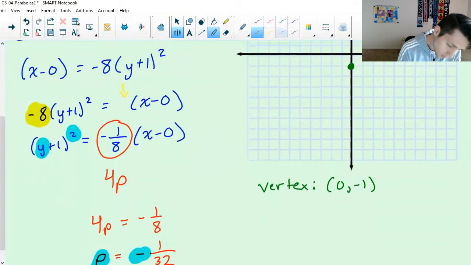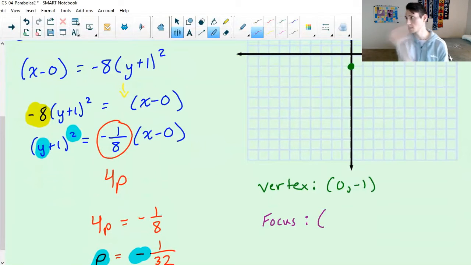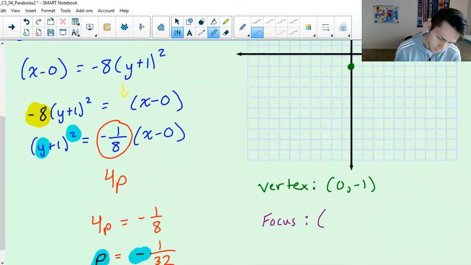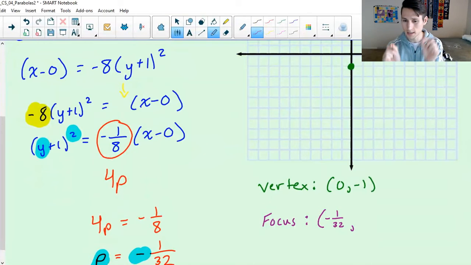To then find what is the focus, the focus should be to the left as well, since the parabola is opening to the left. So it'll be negative 1/32. Remember, the distance between the vertex and the focus is whatever that value of p is.